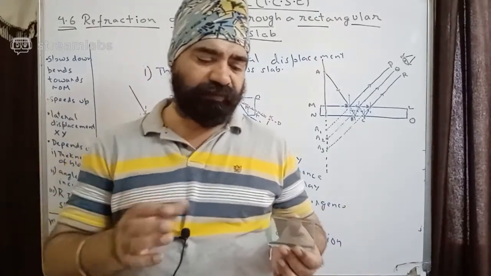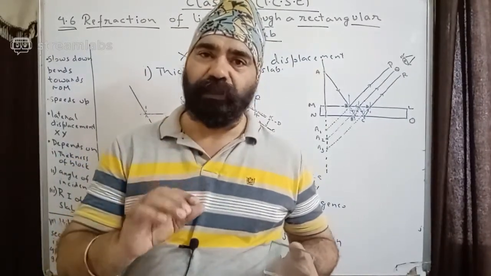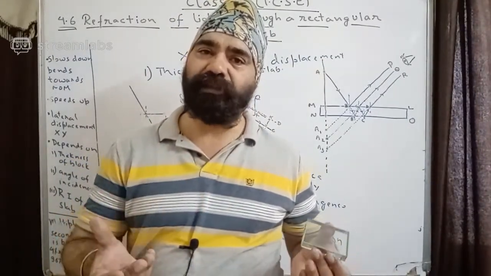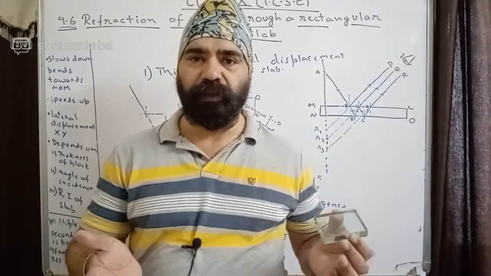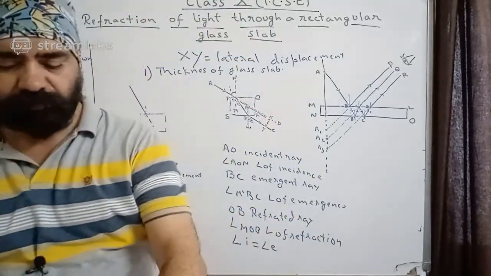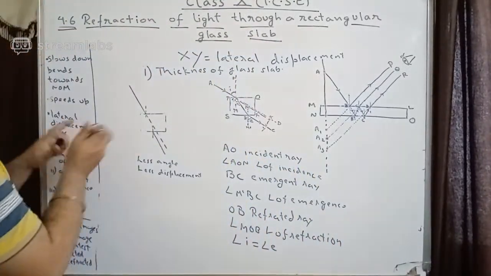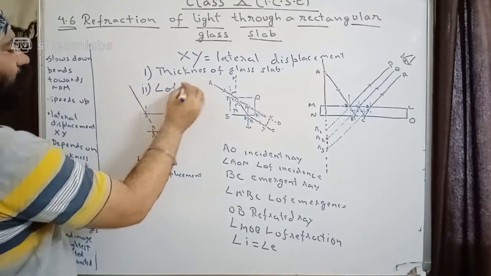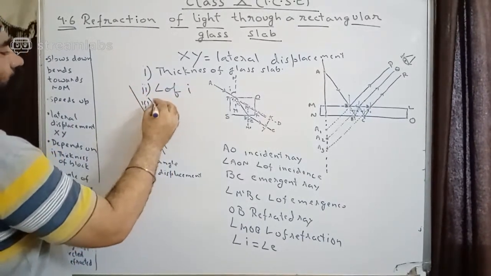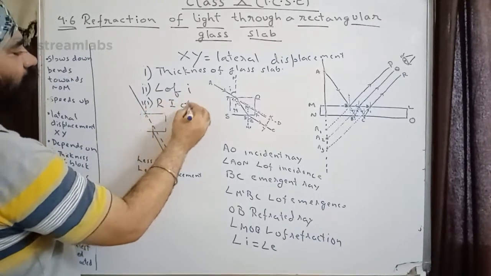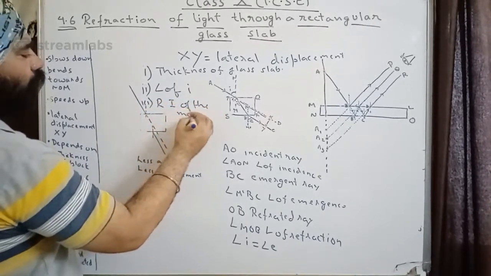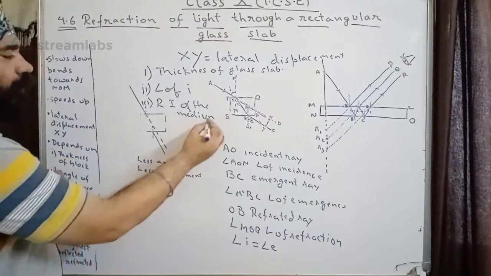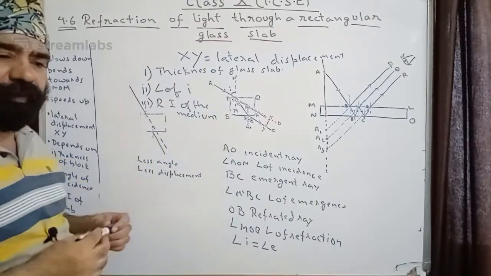On the other hand, if the refractive index is less, the lateral displacement will be lesser because the bending will be lesser. Clear? So 3 factors we learned. The first one was thickness, the second one was angle of incidence, and the third one is refractive index of the material of which the glass slab is made.